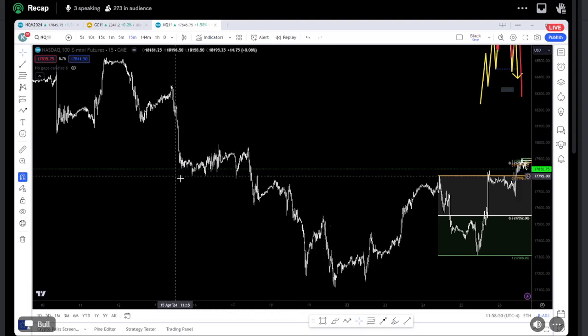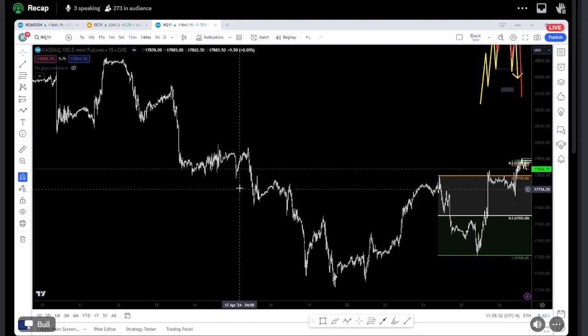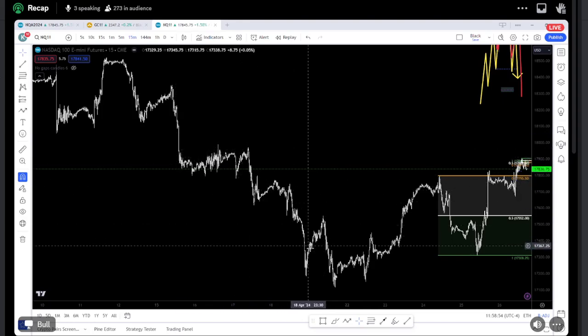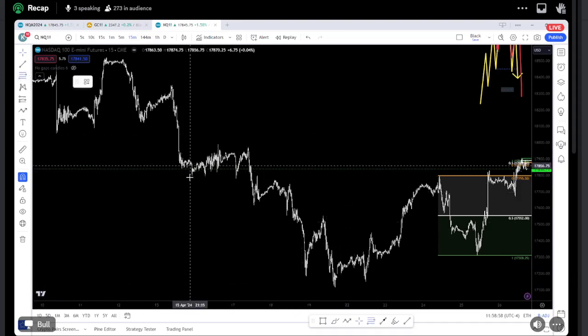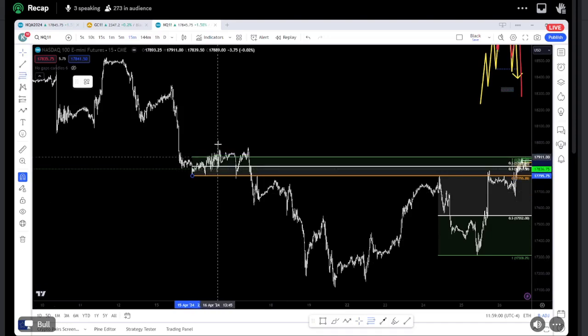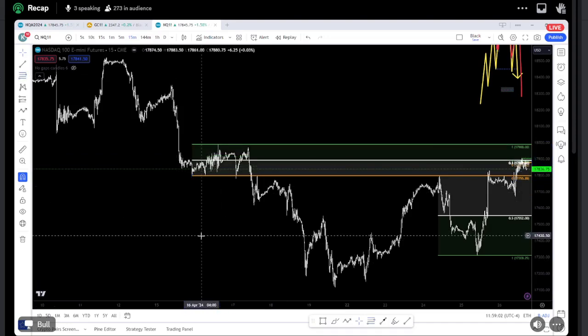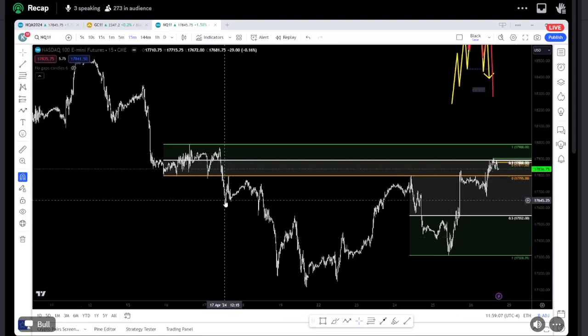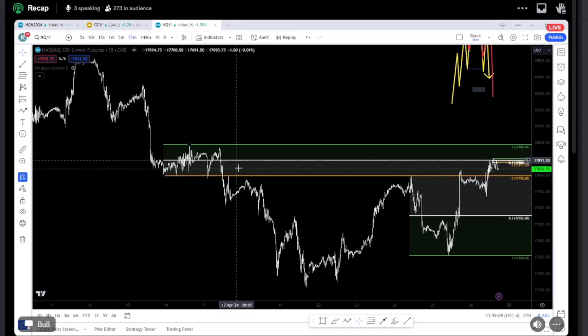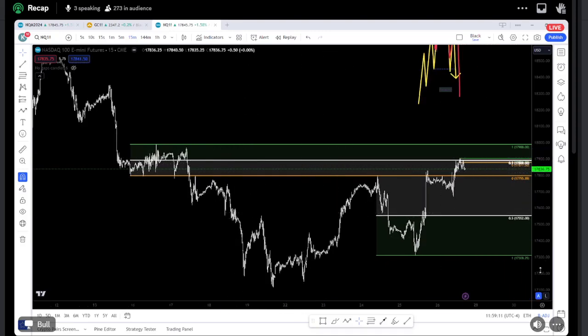So we look to the left, we see this consolidation here that was responsible for putting in this strong move, and we're actually taking this zone for it to trade back into. Because when it left this zone, it tapped back in, but this is left as unmitigated. Okay?